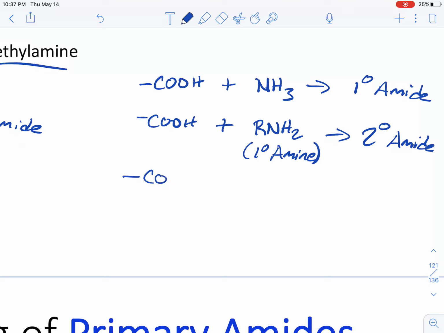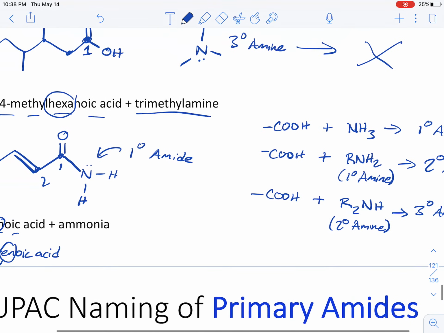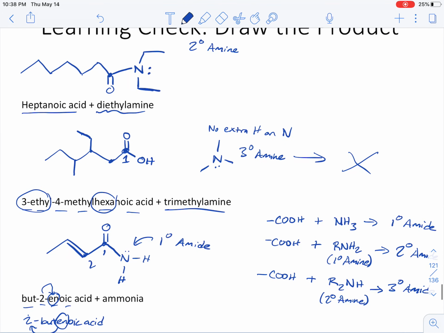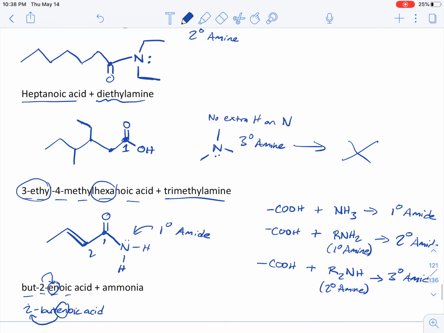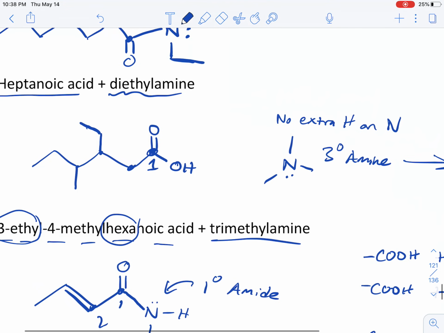If you have a COOH reacting with a secondary amine, you get a tertiary amide. Hopefully going through those 3 examples, you understand how to predict the products.